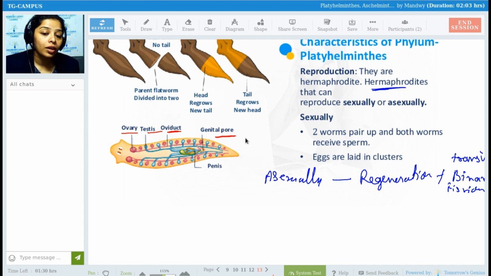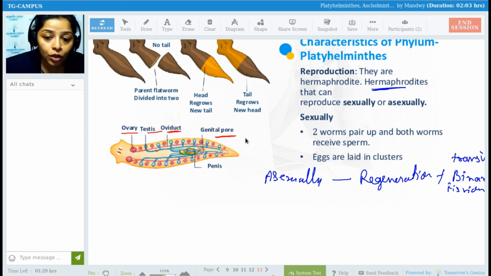They release the ovum or egg from the ovary through the oviduct, and from the testes, sperm enters the structure. Here the fertilization is cross and internal. Internal fertilization means the organism will not release the gametes in the external environment.